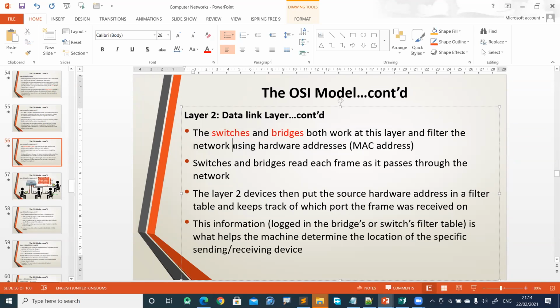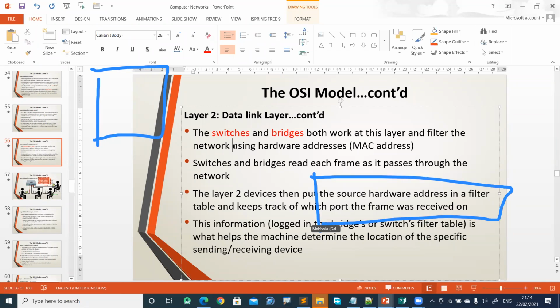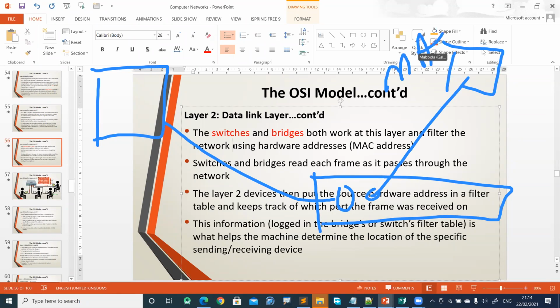Now the beautiful thing about a switch or a bridge is that when you communicate, say for instance, there's a switch here, and this computer is connected, and there's another computer there, connected here. Now, the MAC address for this computer, once it communicates using port number 2, and this one, port number 1, it communicates to this one.